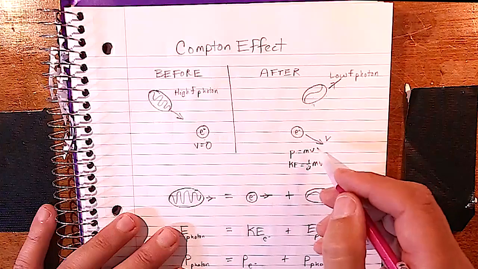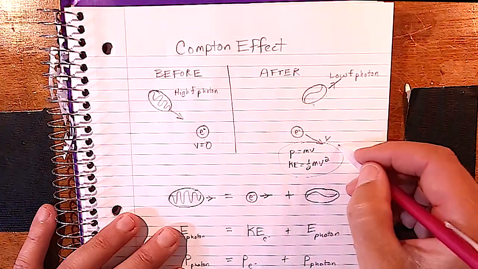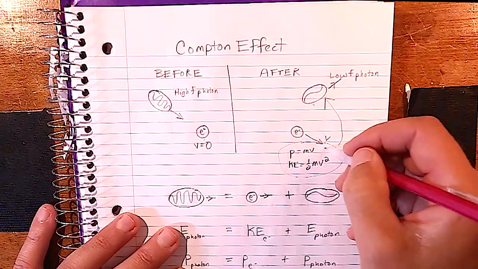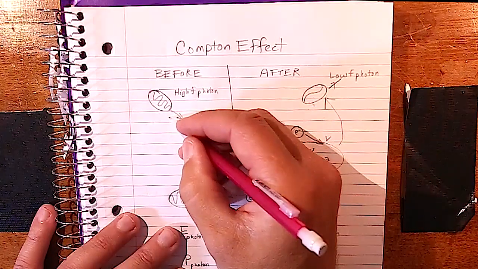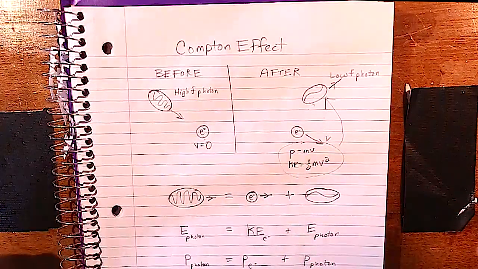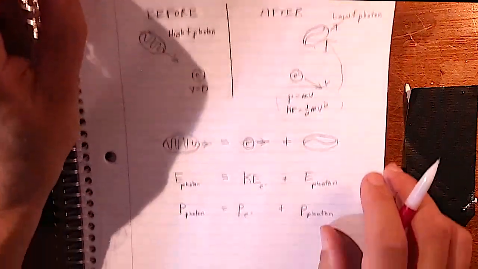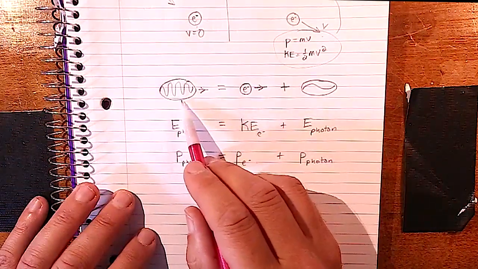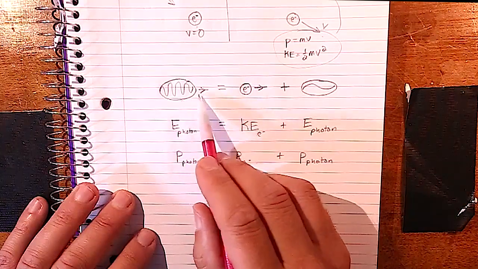So now Compton showed us that this photon has less momentum, less kinetic energy, and here it had higher. In other words, photons have momentum and energy. So we can look at it as a conservation law. Here is our first photon that's cruising along.